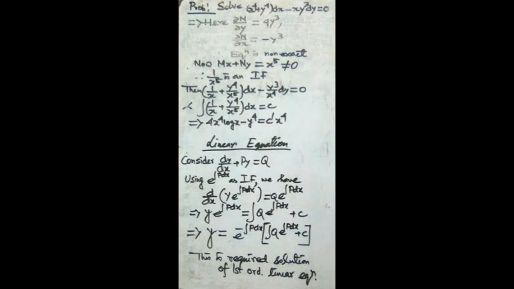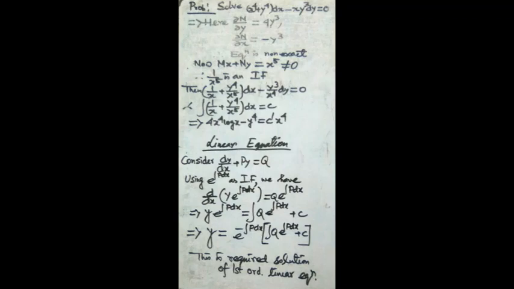Suppose we are considering a problem (x⁴ plus y⁴) dx minus x y cube dy equals 0. Clearly, this equation is non-exact because ∂M/∂y and ∂N/∂x are not equal. So in that case, we have to find an integrating factor.